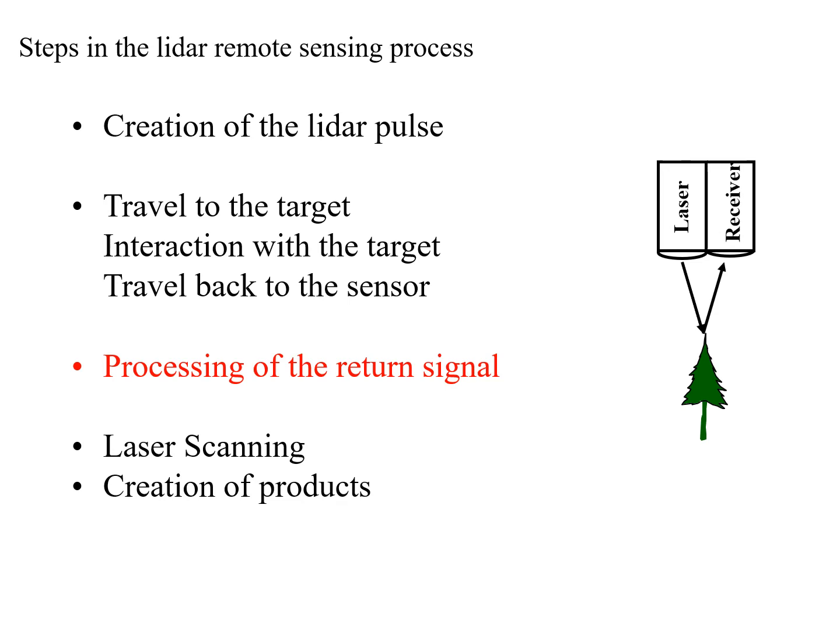Okay, so we've created a pulse, it's traveled to the target, it's interacted with the target, then it travels back to the sensor. Now about processing of the return signal.